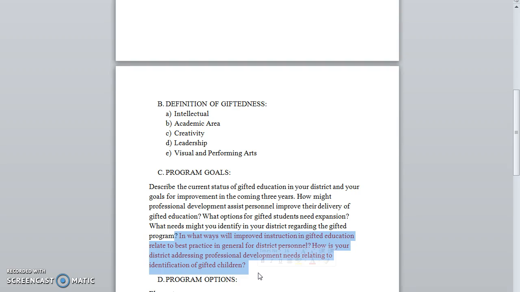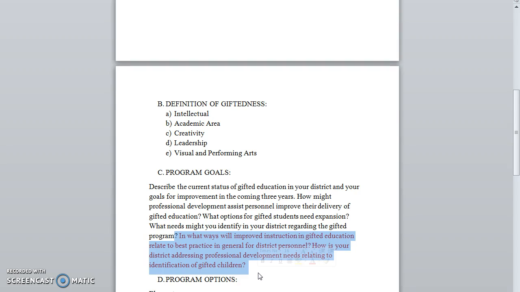But these new 2 questions: in what ways will improved instruction in gifted education relate to best practice for district personnel? That means all personnel, and professional development dollars do not necessarily have to go towards someone who is getting their GT endorsement.